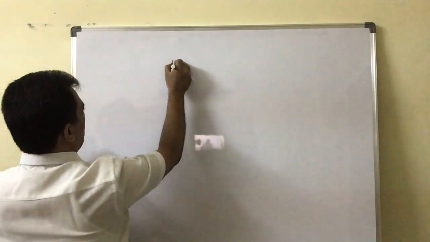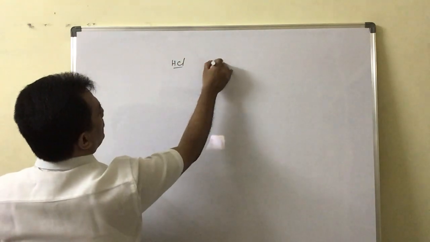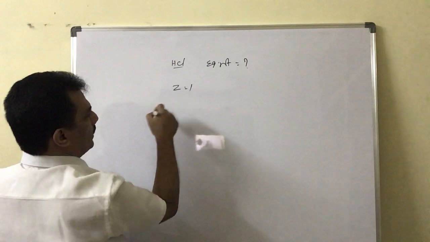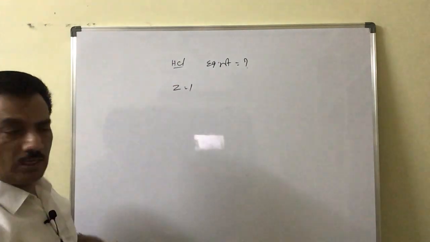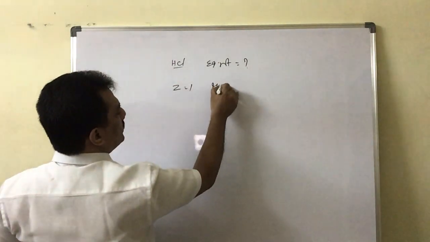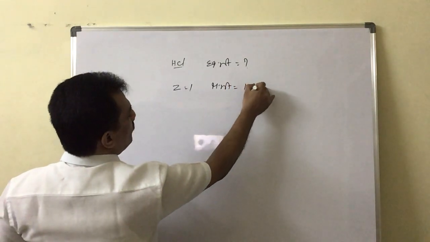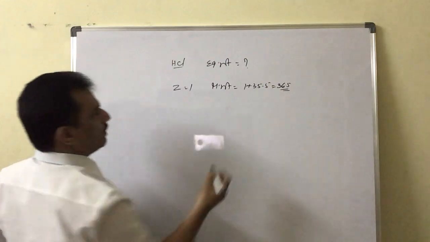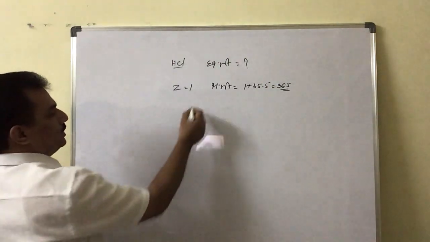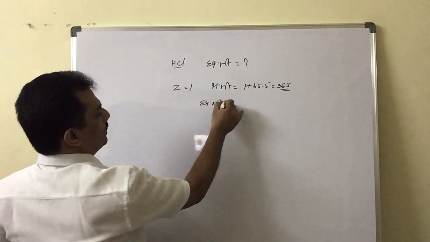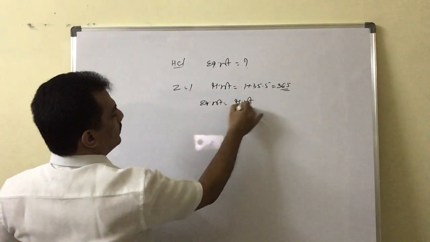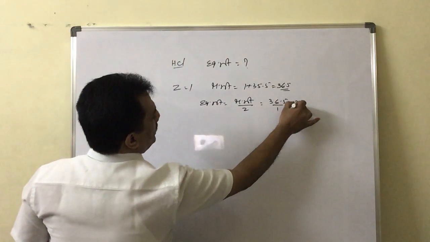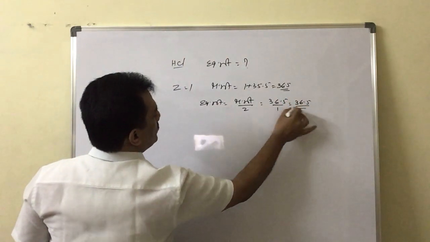Now Z factor is 1, and the molecular weight is 1 plus 35.5, that is 36.5. The equivalent weight is molecular weight by Z, that is 36.5 by 1, 36.5. This is the equivalent weight.